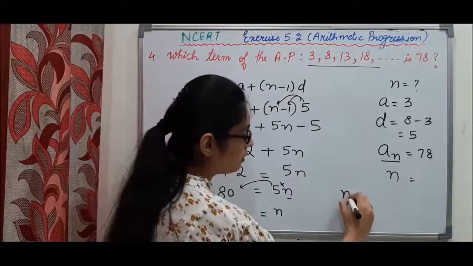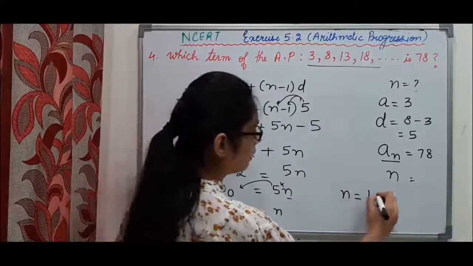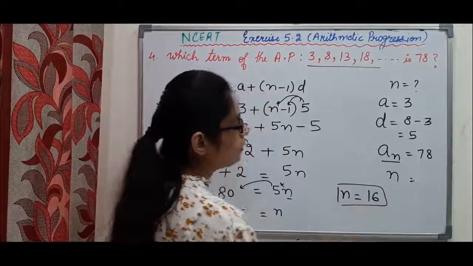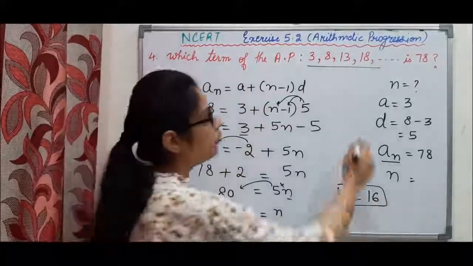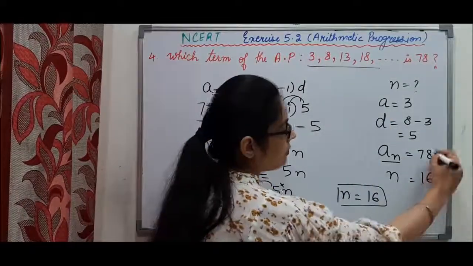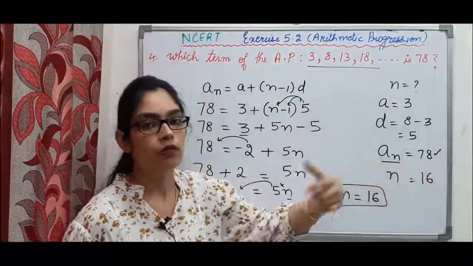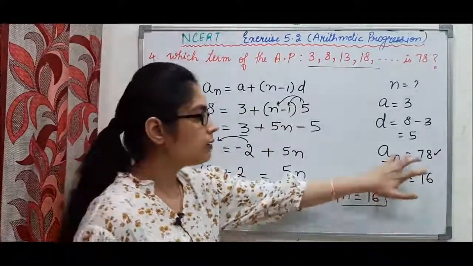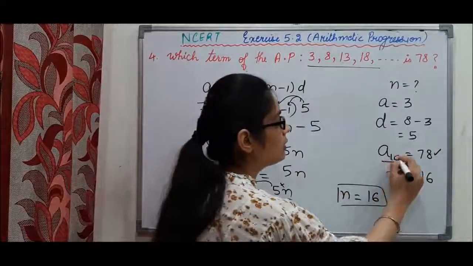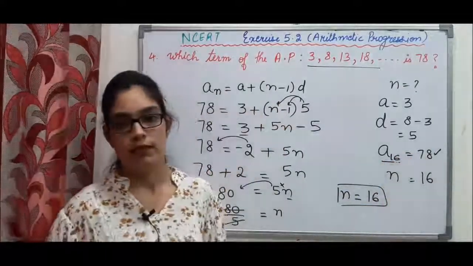So after cancellation we got the value of n as 16. That means the 16th term of this AP is 78. So 16 is the number of the term and this is the value of that term. So a16 is equal to 78.